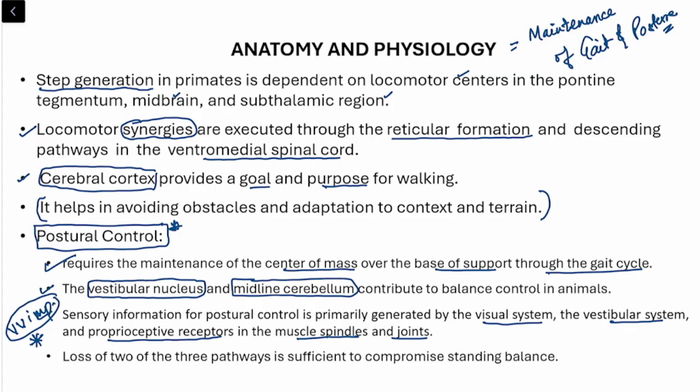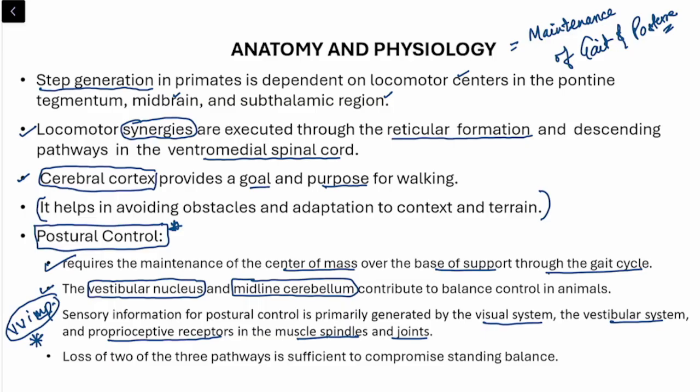All this sensory information will be coordinated by the cerebellum, and the cerebellum will decide how it is going to control the posture. So how does sensory information reach the cerebellum? We read this concept in the previous video, in which we studied the dorsal column.